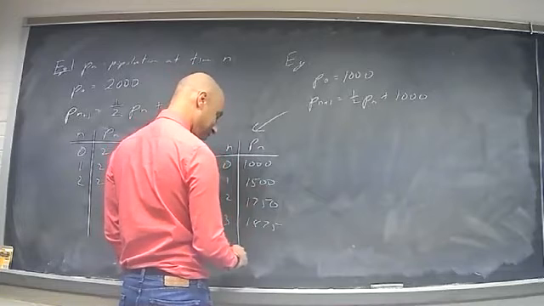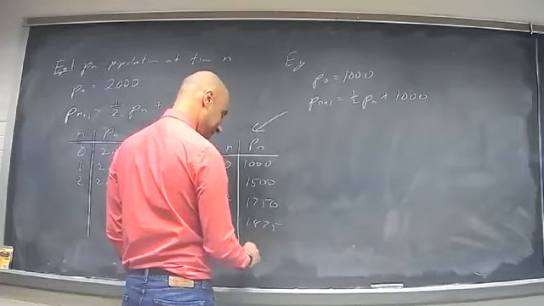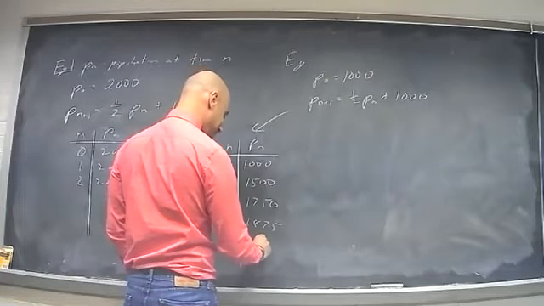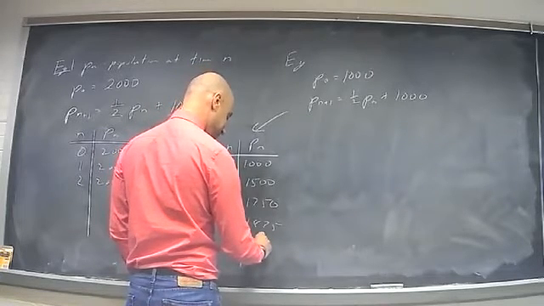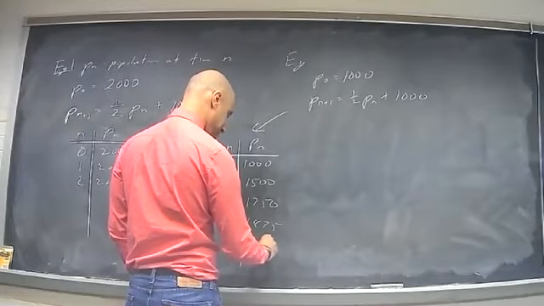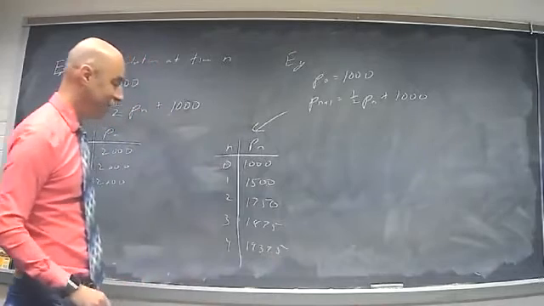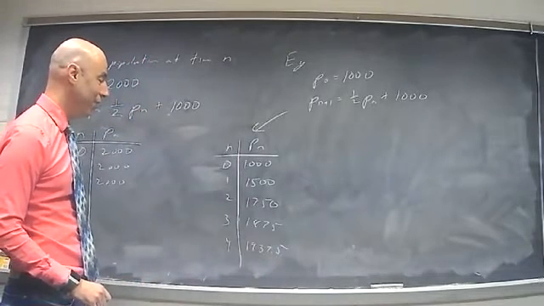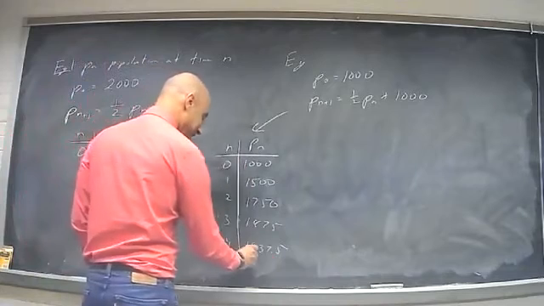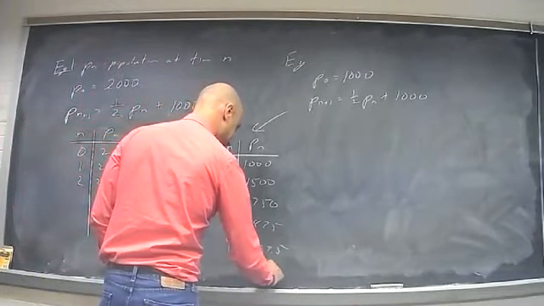So after 4, 1,937.5. Then 1,968.75. So we'll have to imagine, if this is a population, that can't quite be right, but somewhere around there. And so on. And these numbers are getting closer and closer to 2,000.